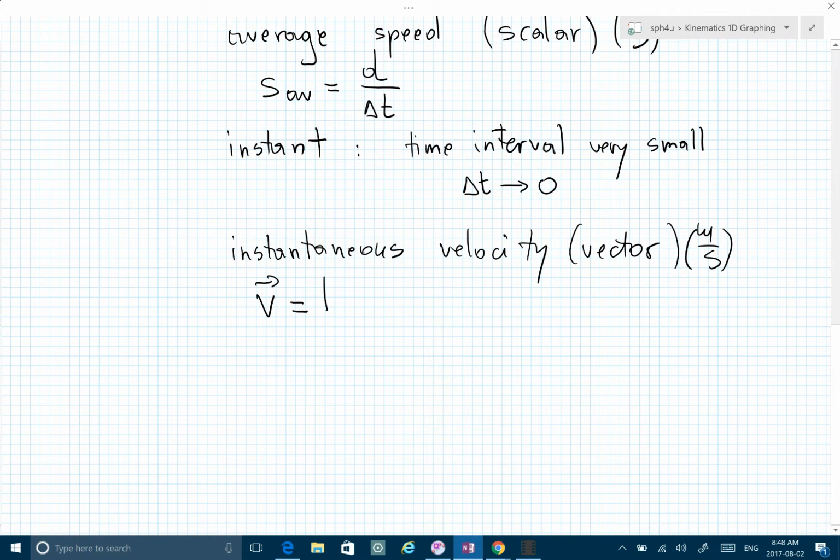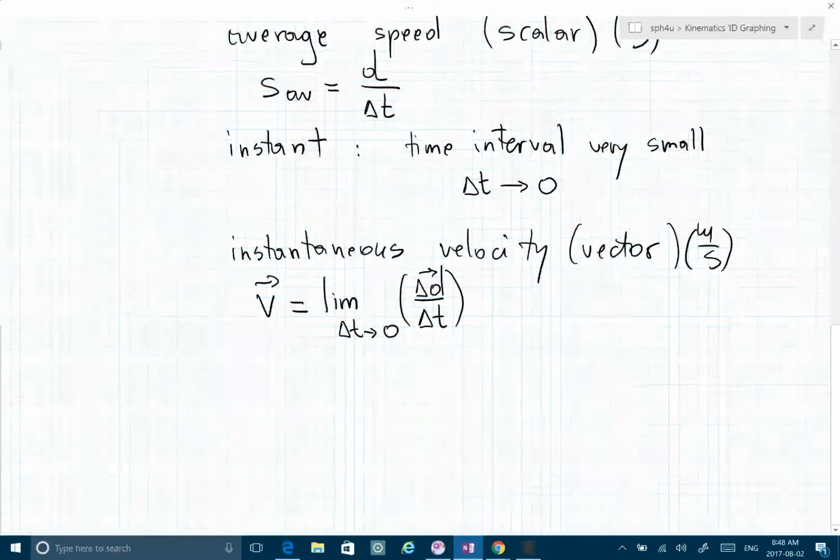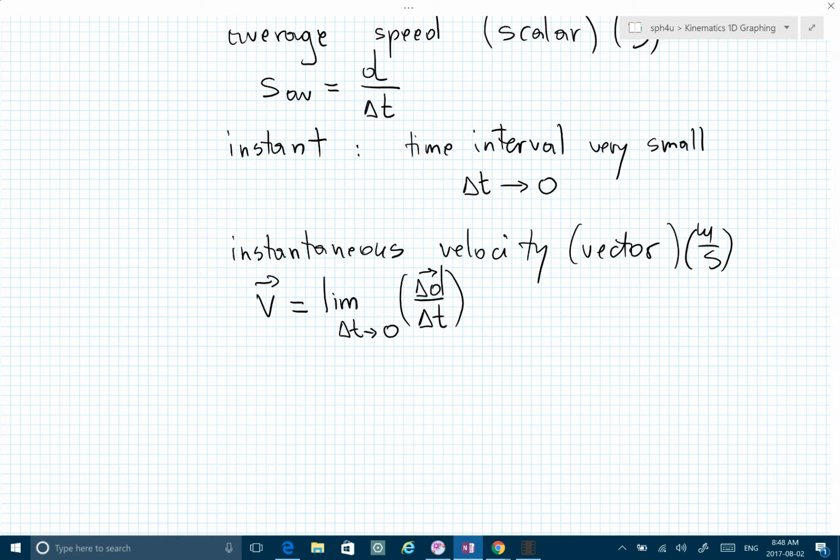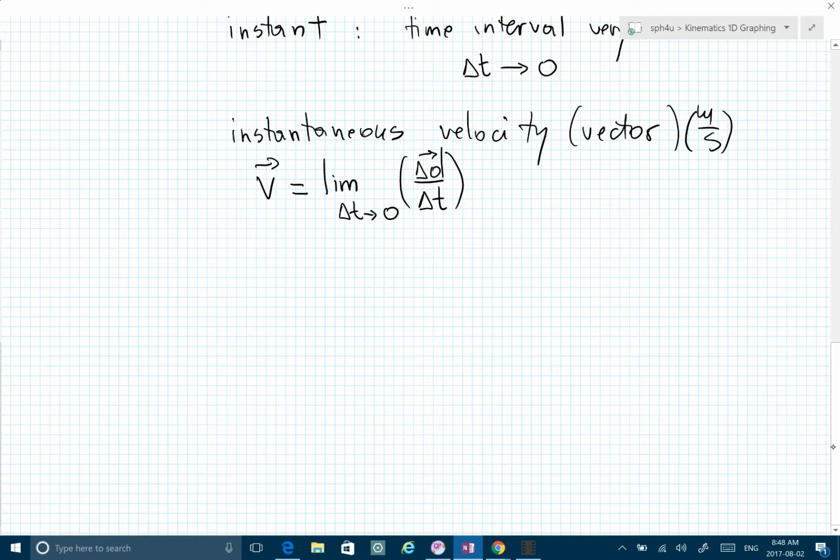So how we write that is the limit, when the time interval approaches zero, of the average velocity, which is delta d over delta t, right? Graphically, in grade 11, you learned that this is the slope of the tangent on a d-t graph, all right? We're going to quickly go through that.